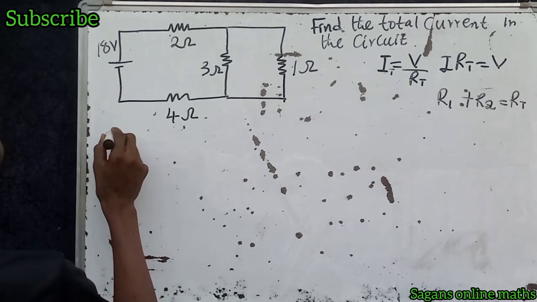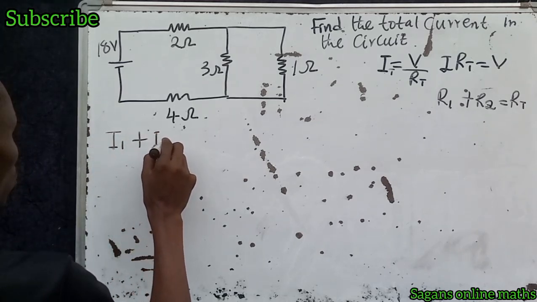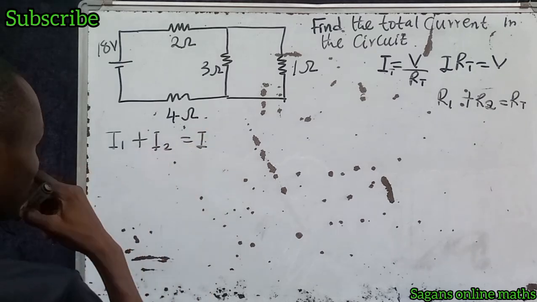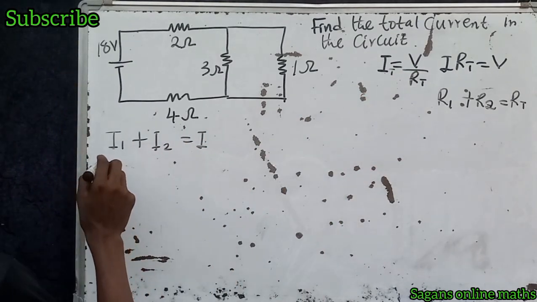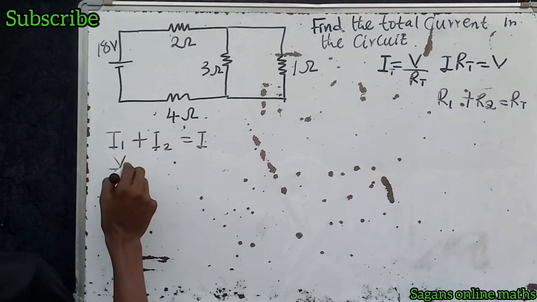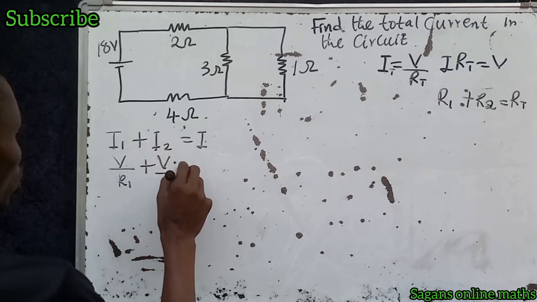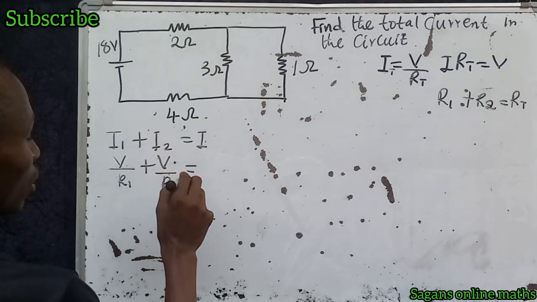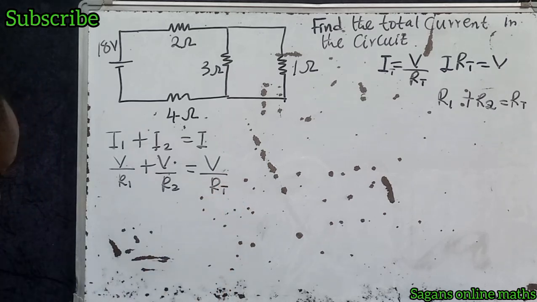It means that I1 plus I2 is equal to total I. And we know that I is equal to V over R. So it means that V over R1 plus V over R2 is equal to V over total resistance.